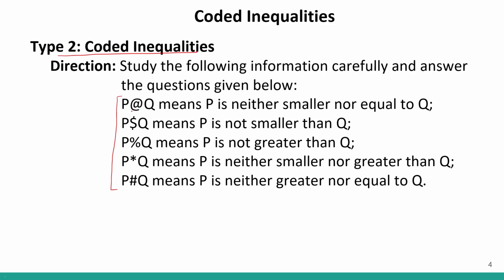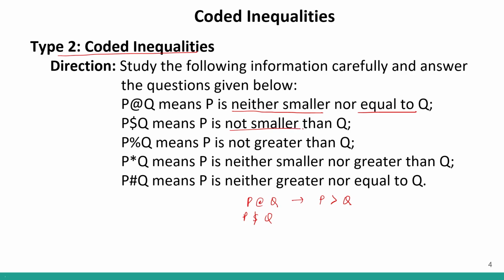So over here, P at the rate Q means it is neither smaller nor equal to. So if it is not smaller and if it is not equal, that means P will be greater than Q, correct? Similarly, P dollar Q is given to us.